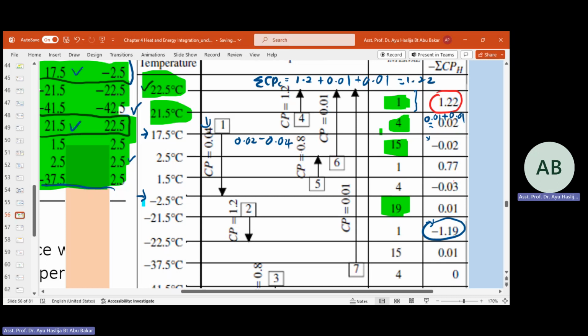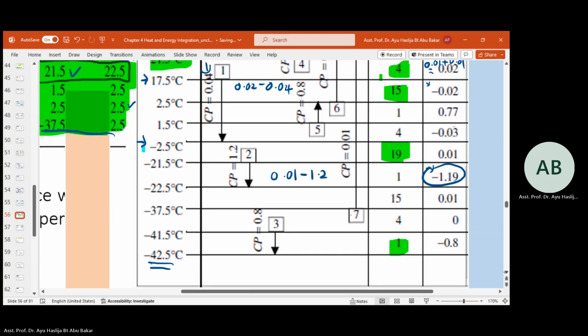Yes, 1.2, correct. Okay, so negative 1.19 over here involves stream 7 and stream 2. So 0.01 minus 1.2.